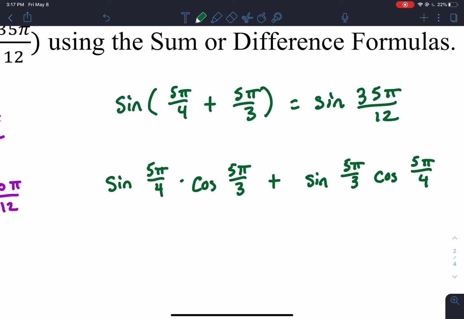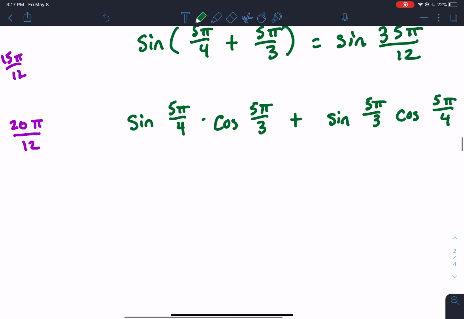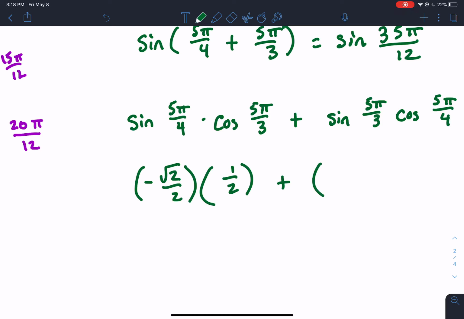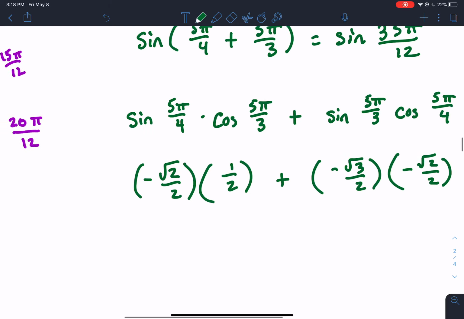All right, so now you just need to come up with your values. So you're doing sine of 5 pi over 4, which is negative root 2 over 2, cosine of 5 pi over 3, which is 1/2, plus sine of 5 pi over 3, which is negative root 3 over 2, and then cosine of 5 pi over 4 is negative root 2 over 2.